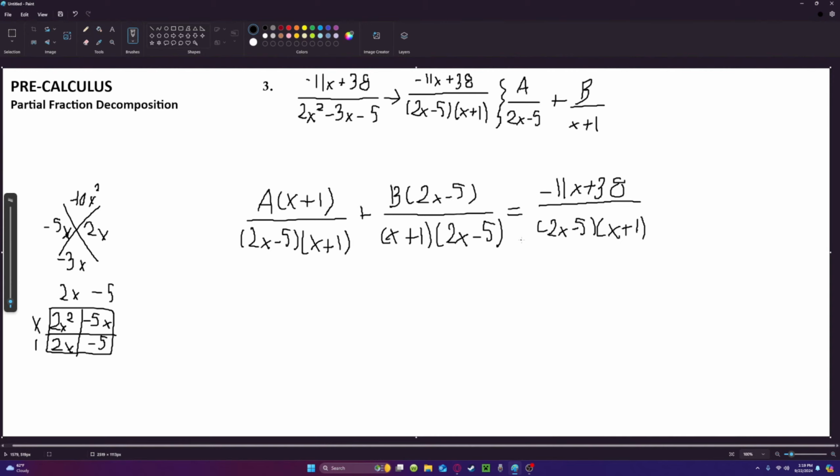So we have our denominators the same. Now all we need to do is multiply our stuff out. I'm going to erase this just for the sake of space.